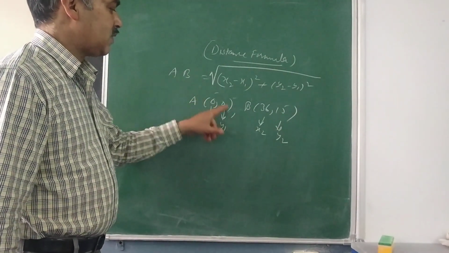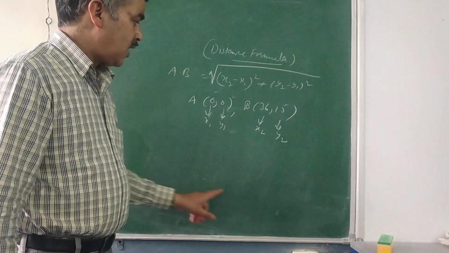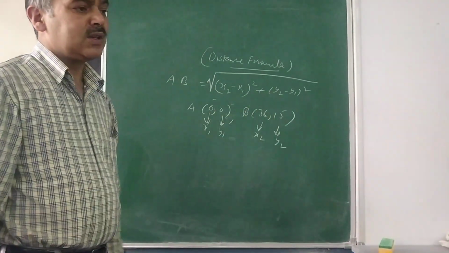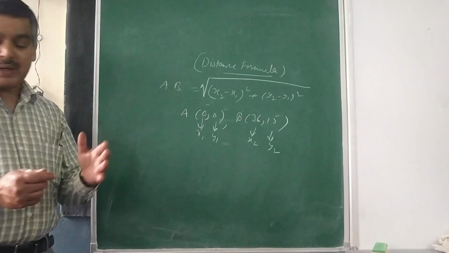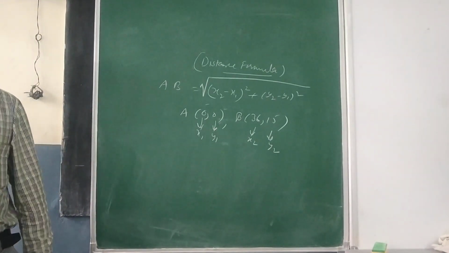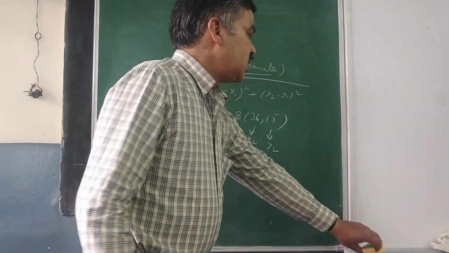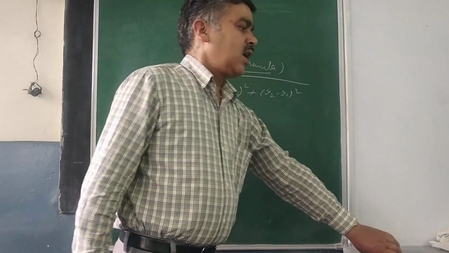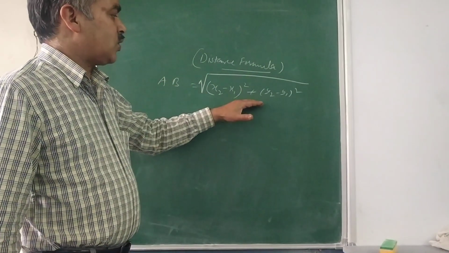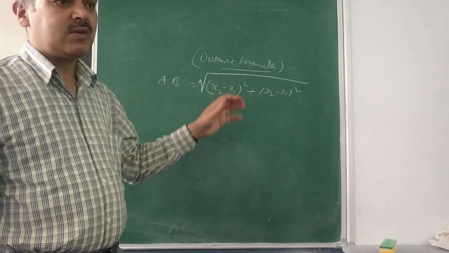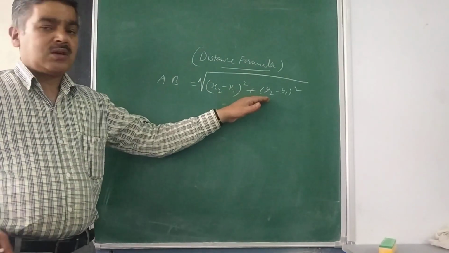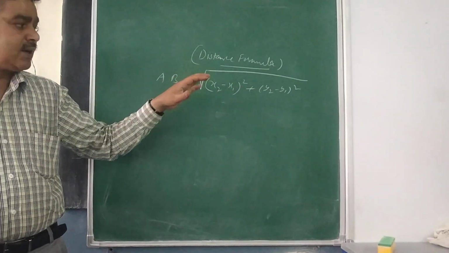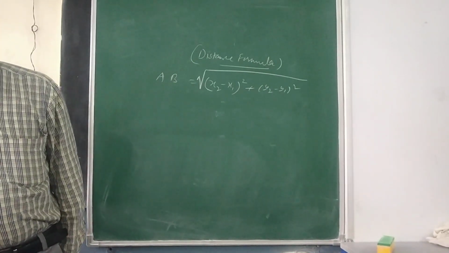What is x1, what is y1, what is x2, what is y2, and always substitute into this formula. Then you will get the distance between the two. So nothing new is there. But as you proceed towards the end of the exercise, you see the change in the questions and their format. My advice to you is, as many times as possible, keep on writing the formula so that you can learn it thoroughly. What is the distance formula? No confusion should be there for any one of you.